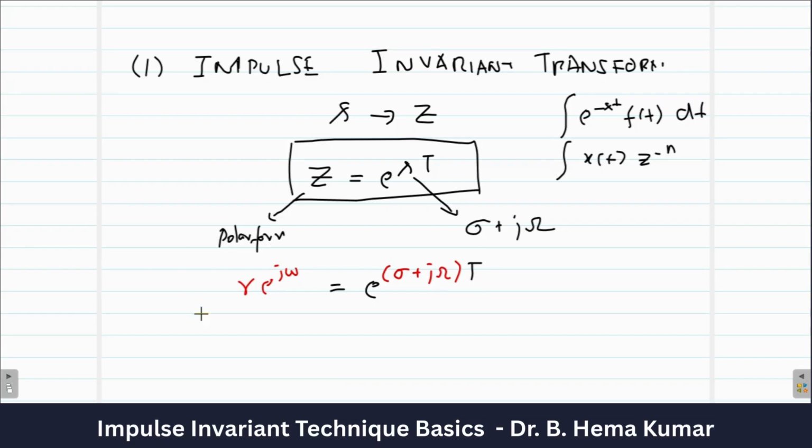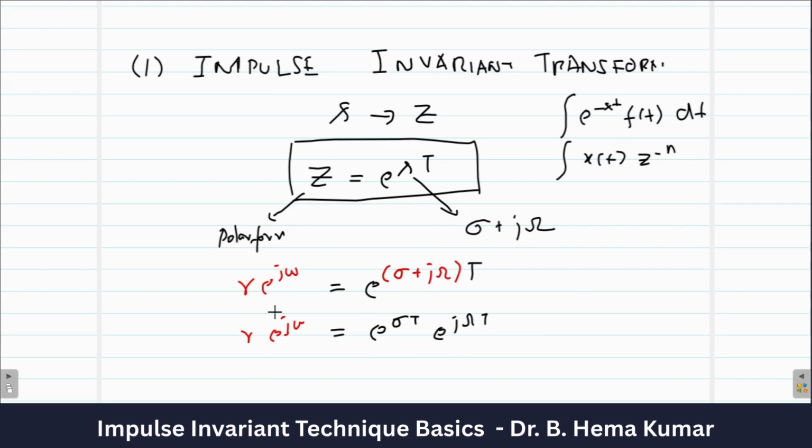Fine. So we can expand this as e power sigma t into e power j omega t. Now on the left hand side you have r e power j omega, and on the right hand side you have e power sigma t and e power j omega t.